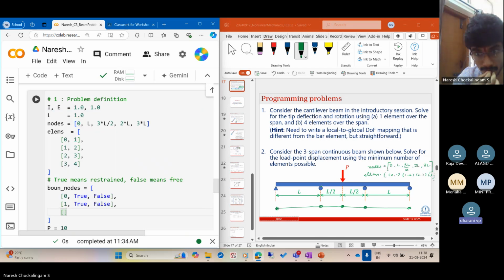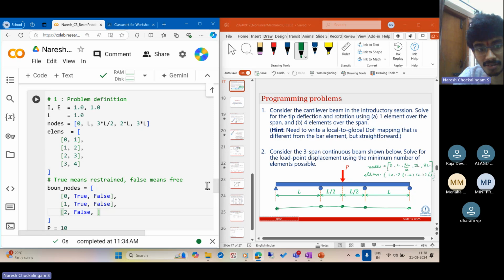Then the same: 2, true, false. Which node is it? It is 2, false, true. Does 2 have a rotation restraint? No, sir.